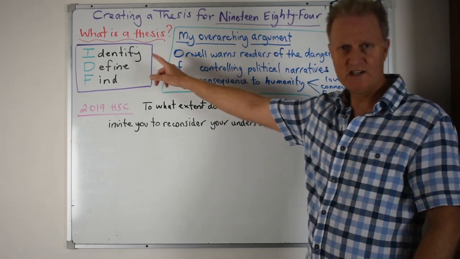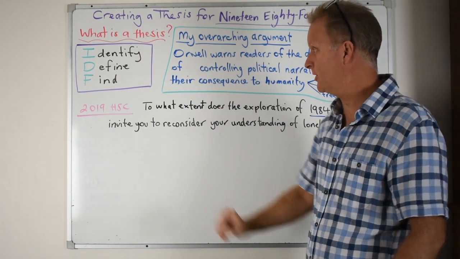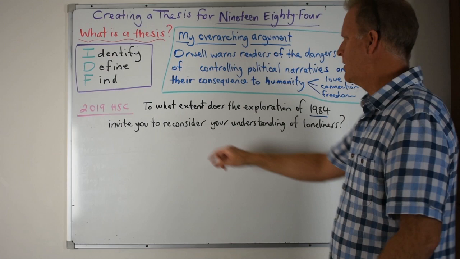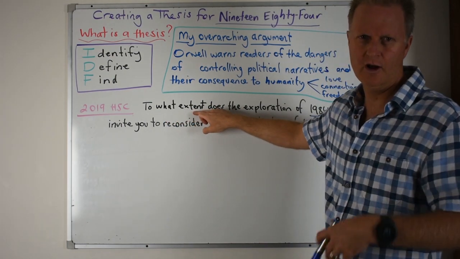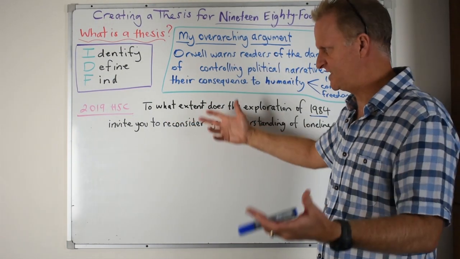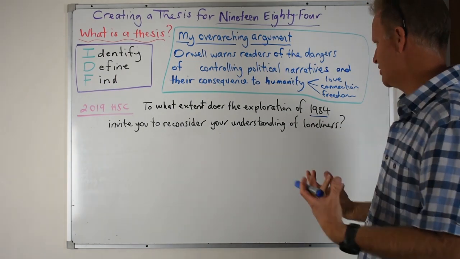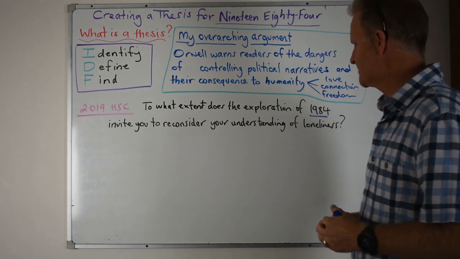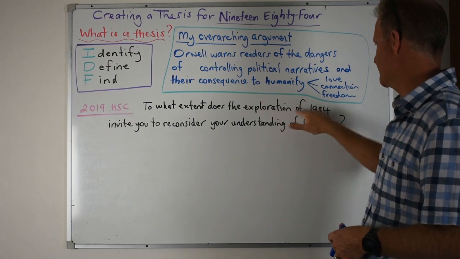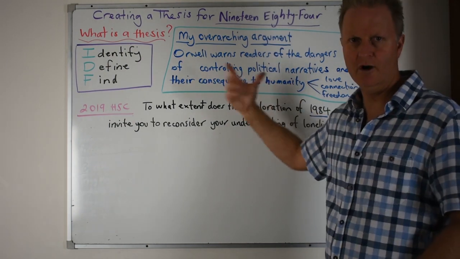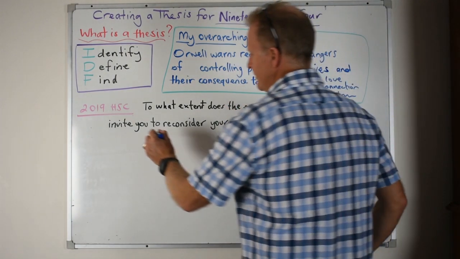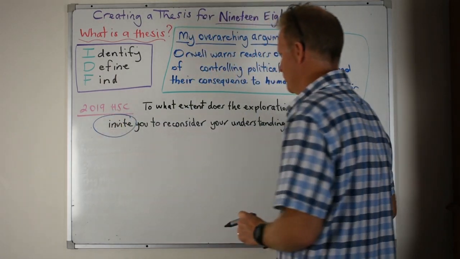Okay, so the first thing we're going to do is identify the keywords in the question. All of the questions have something like 'to what extent' or 'how successful' or that type of thing. And we know the exploration of 1984 is to do with the ideas that it's exploring. But I think this word 'invite' is an important word.